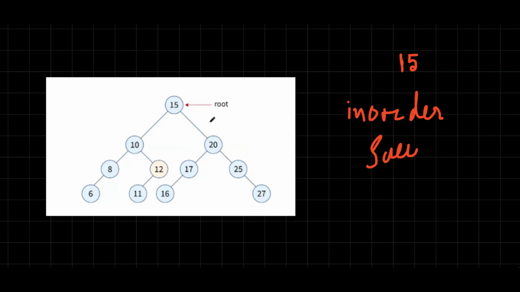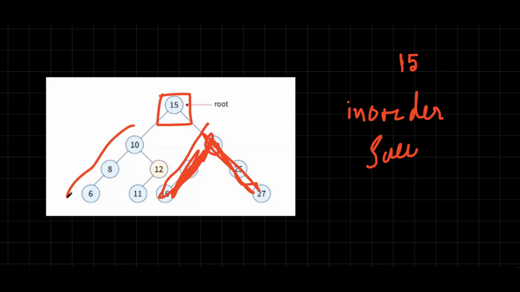So here, let's say this portion is not present here. Suppose we have to delete the node 15. So here we have no right subtree. So we can simply return the left tree part which is in this portion.